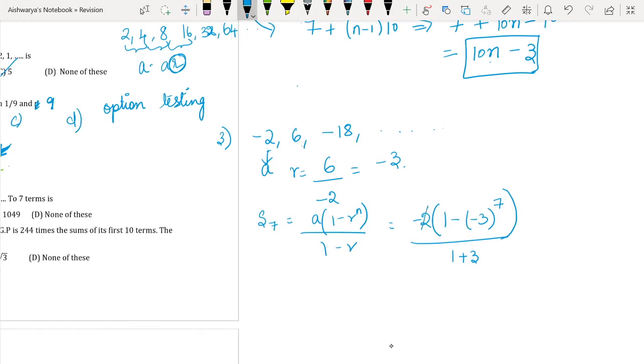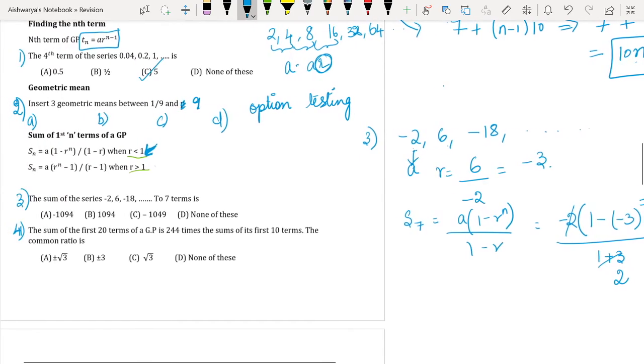So 2 and 4 will get cancelled, you will have a 2 here. 3 power 7, that is why I was telling you to write it on the last page. 3 power 7 is 2187. Minus of that will be plus, so this will become 2188 divided by 2. So that will be 1094.